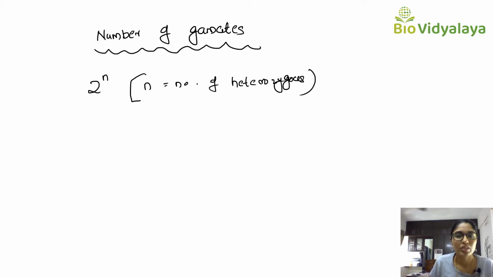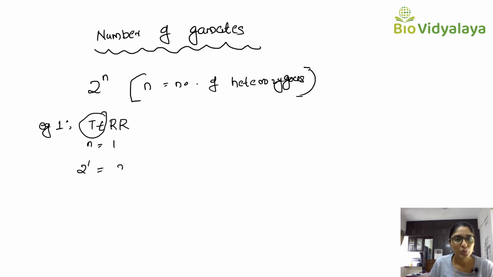Okay. So let's see one example. Here capital T, small t, capital R, capital R. So what is n? 1. Okay. So 2 raised to 1 means 2. So the number of gametes is 2.